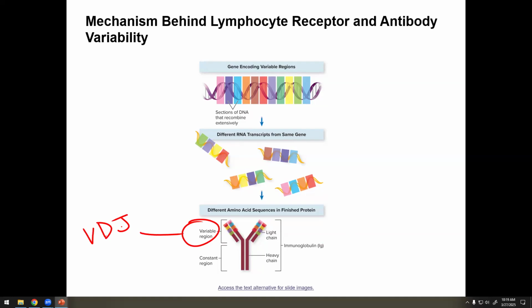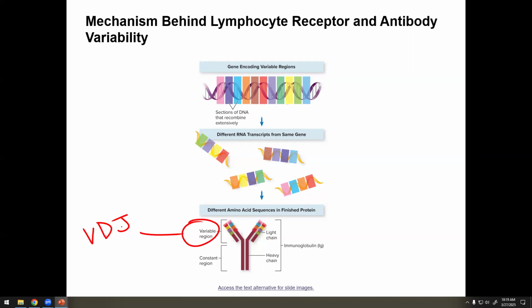You don't need to know that. I'm not going to test you on it, but we'll take some V genes, a D gene, and a J gene. You might have 10 of each of these. There are actually specific numbers for each that I'm not going to make you know either. We'll take one V, one D, and one J, and randomly pick them. When we stick them together, we edit them too.